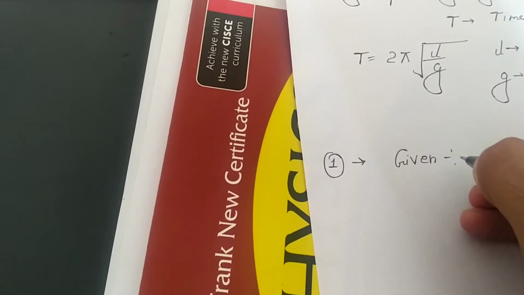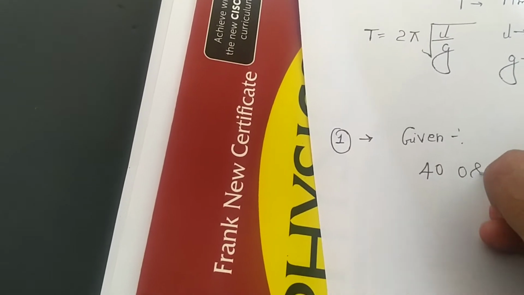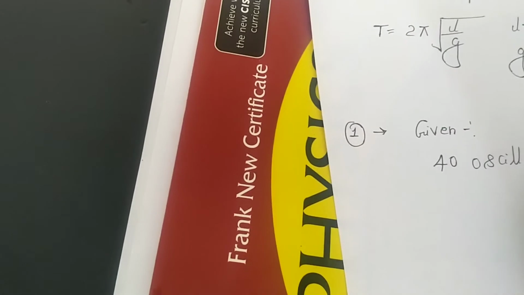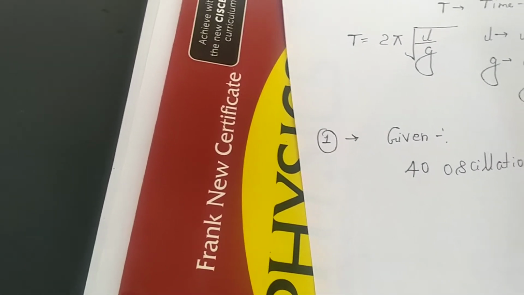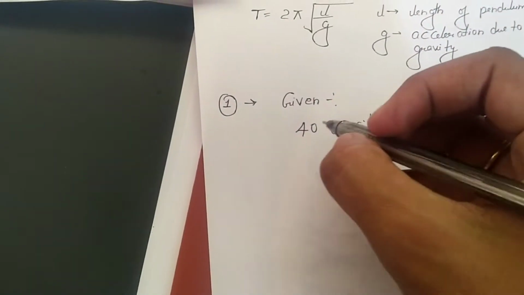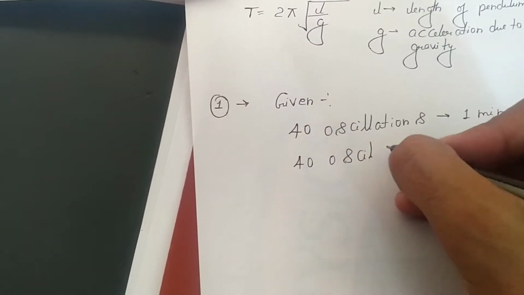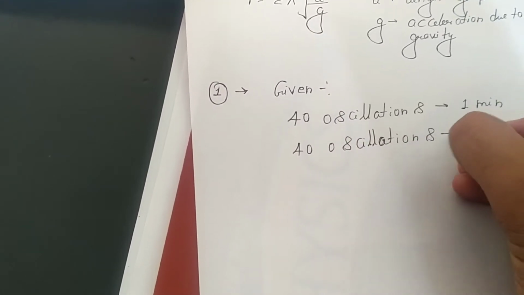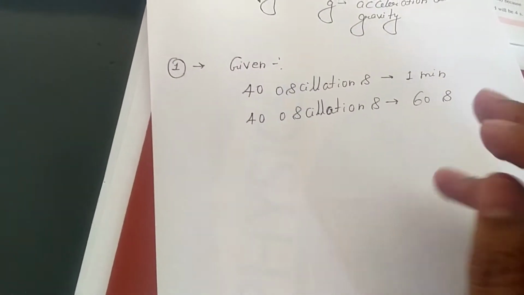In the given you could see that it says 40 oscillations in 1 minute. So 40 oscillations are done in 1 minute, right? So 40 oscillations in 60 seconds, because 1 minute is equal to 60 seconds.